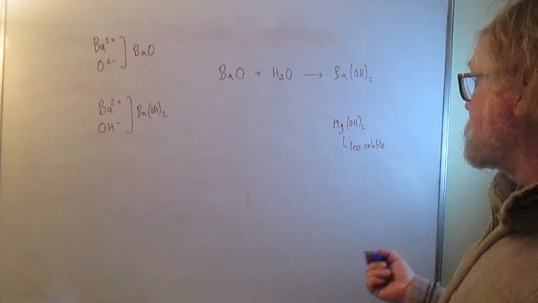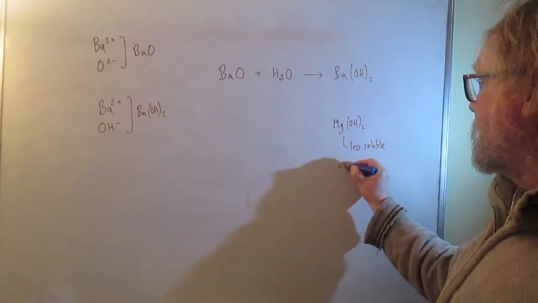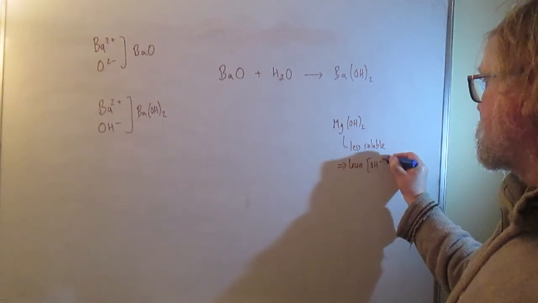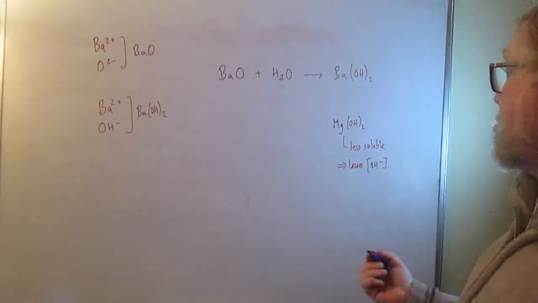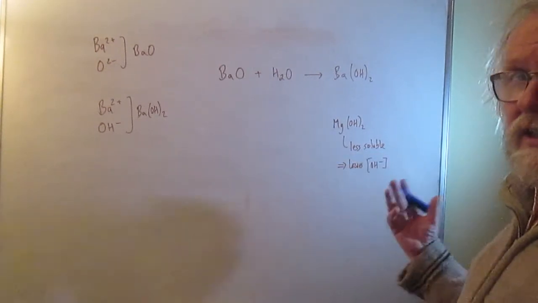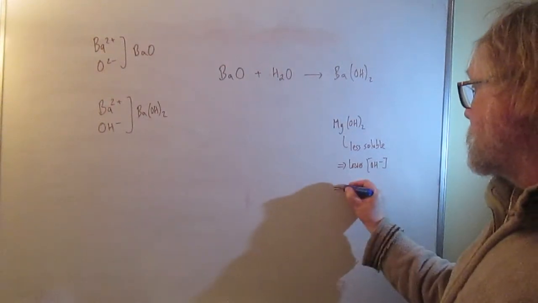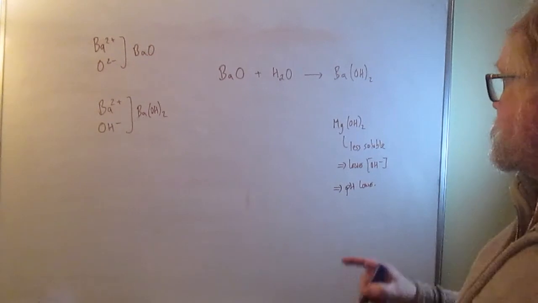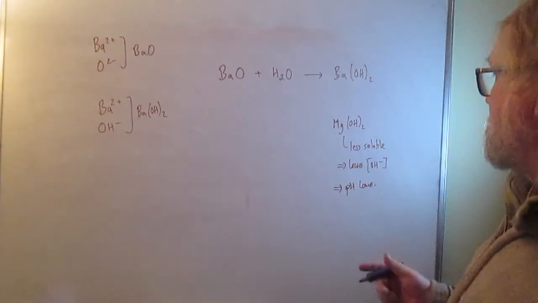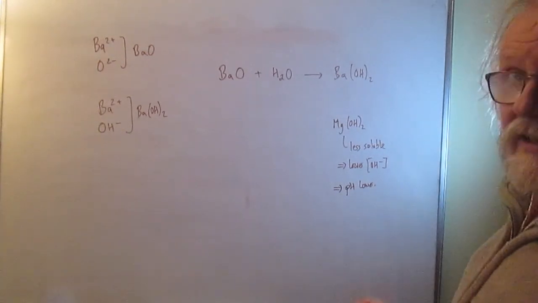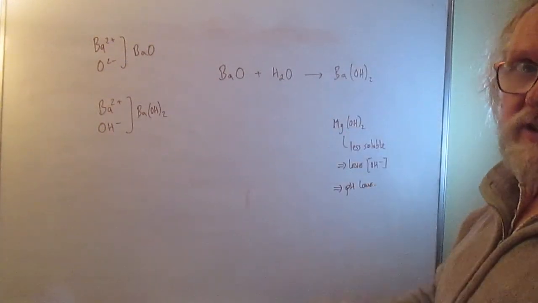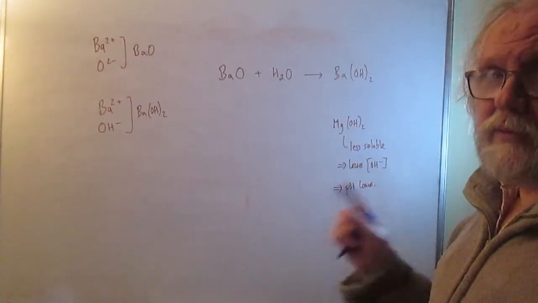And if it's less soluble, you'll have a lower OH- concentration. And if you have a lower OH- concentration, it's less alkaline, so the pH is lower. And that's the answer to the question. Okay, so it was just, again, a slightly roundabout way of asking whether you knew the trend, which is that the group 2 hydroxides become more soluble as you go down. You don't have to explain it, but you do have to know it.